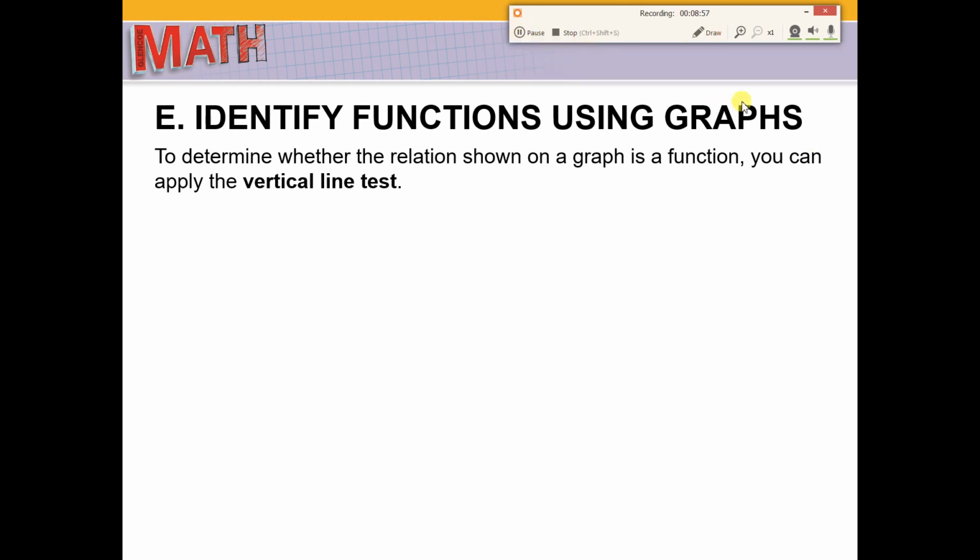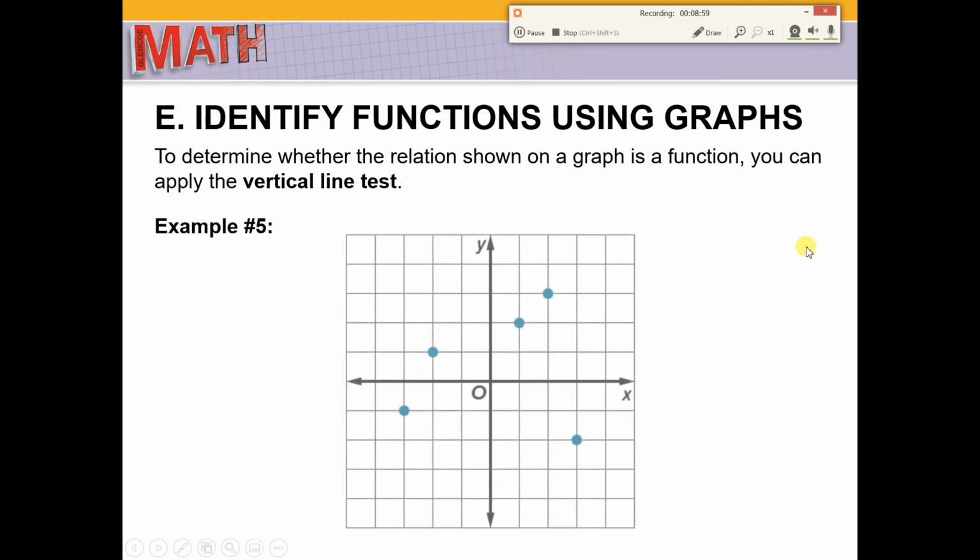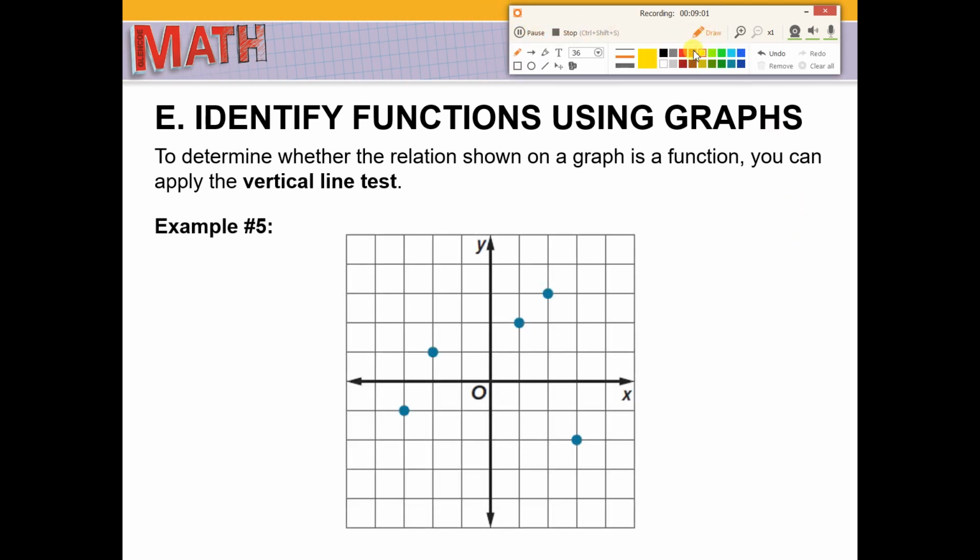Last but not the least, let's have the final example. So we have this graph. Again, you have to apply the vertical line test along the points that we have. So if I put vertical lines along the points, I will have something like this.